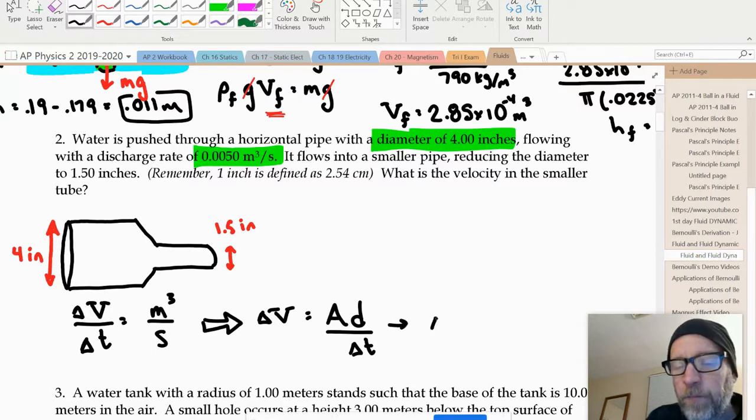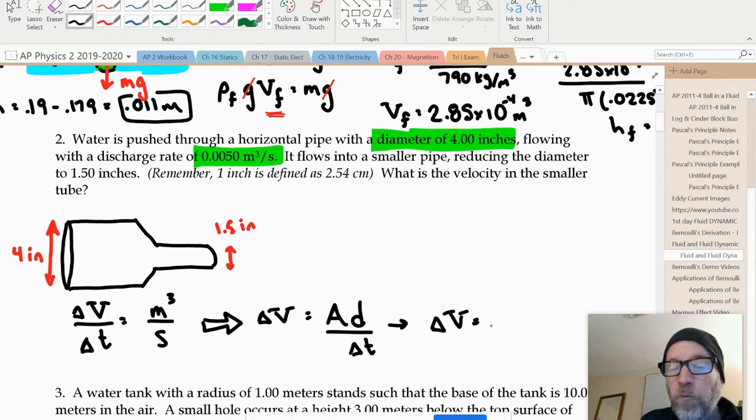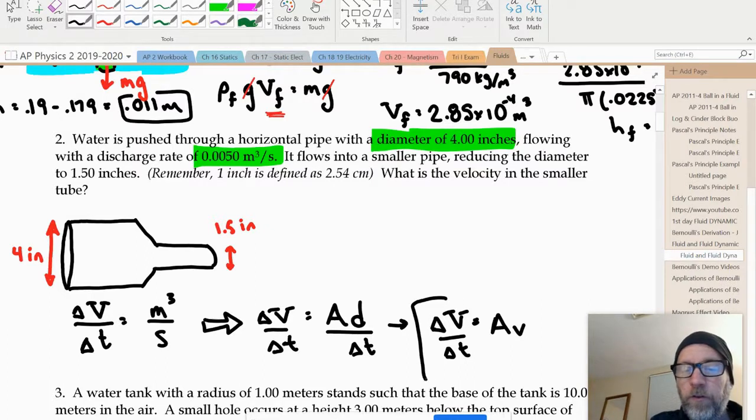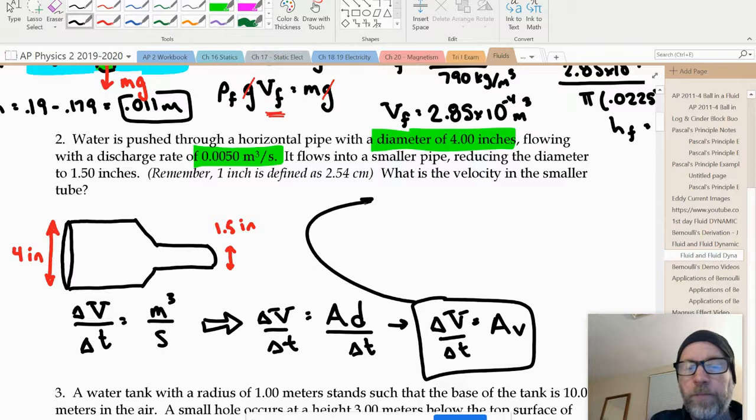We've already done this. The change in volume, or the volume flow rate, is going to be the area times the velocity. So if we take this newly earned formula and plug it in. Now, I've got an answer of 0.005.